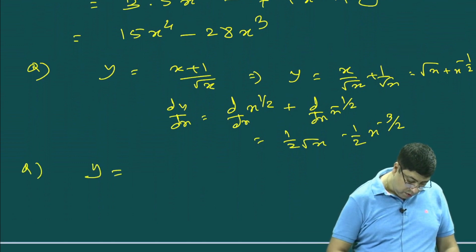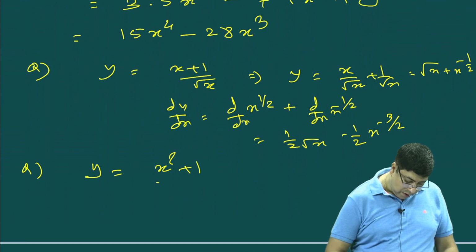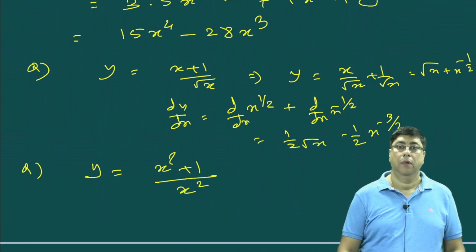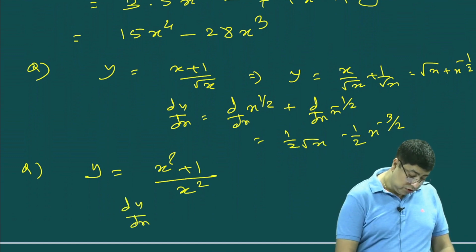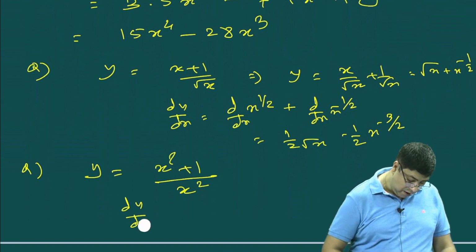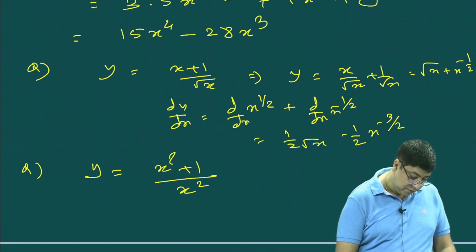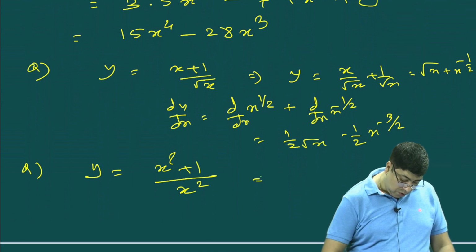Suppose y equal to x square plus 1 by x square. How to solve this sum? If we apply d dx on both sides, first of all, instead of differentiating, it is better to simplify. So y equal to 1 plus 1 by x square, that is y equal to 1 plus x to the power minus 2.